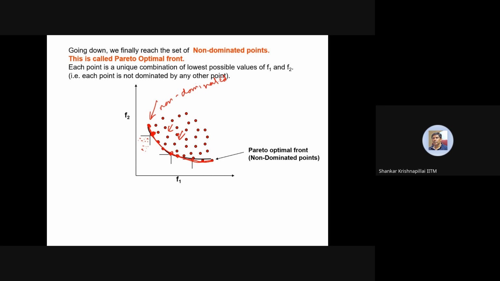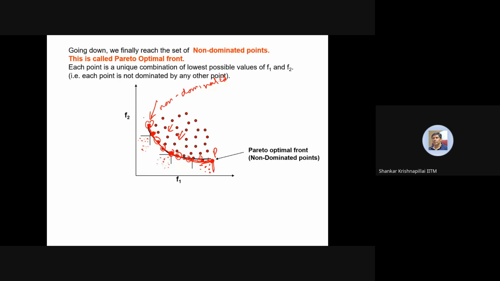If you take another point here, you cannot find any other point below this having lower F1, F2 values. And same here. If we take a point P here, you cannot find any point below P having lower F1, F2 values than P. So each of these points has a unique F1, F2 value, which is one of the lowest possible combinations.